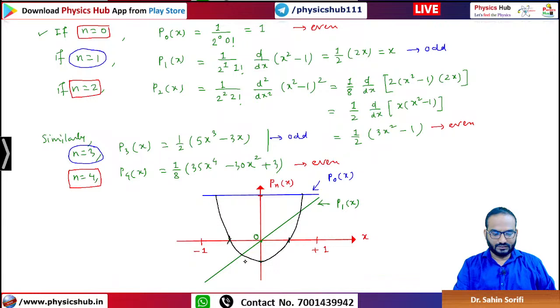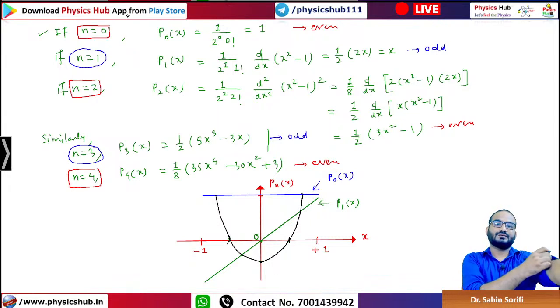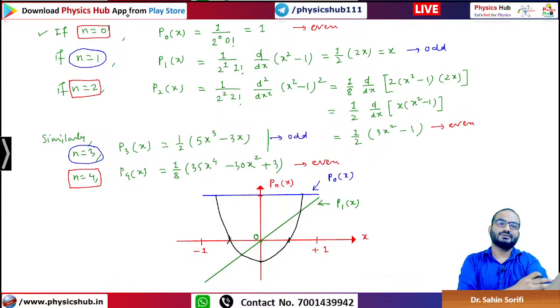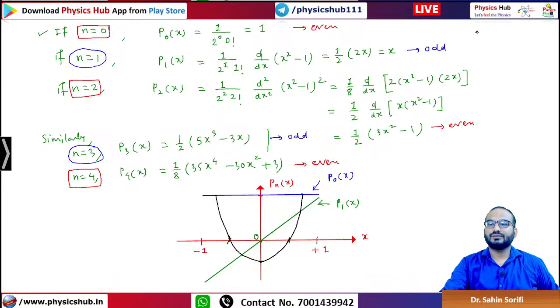0 for odd, even. Yeah, n equals to 0 is considered to be even. N equals to 2 is also even, n equals to 4 is even. Even and odd, you know how to check even and odd. If you replace x with minus x and you get f of x, that is the condition for an even function.